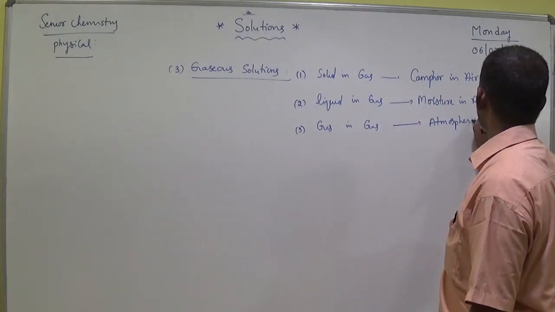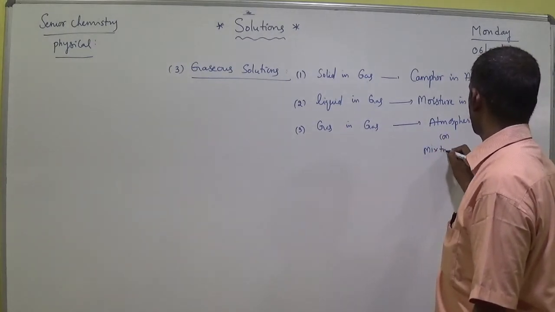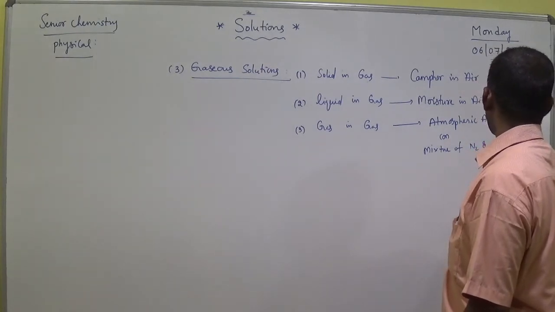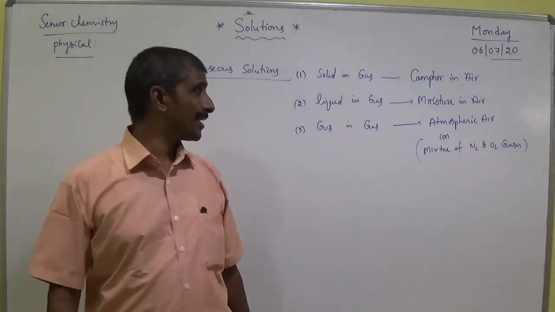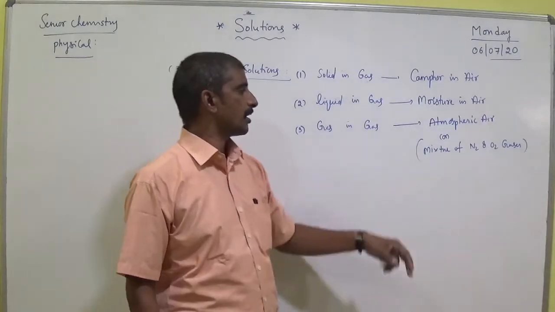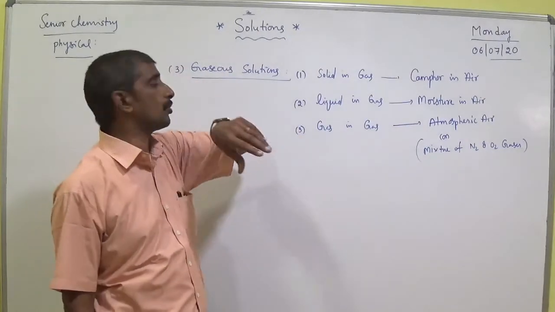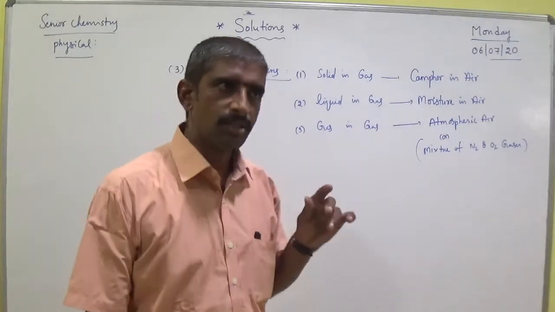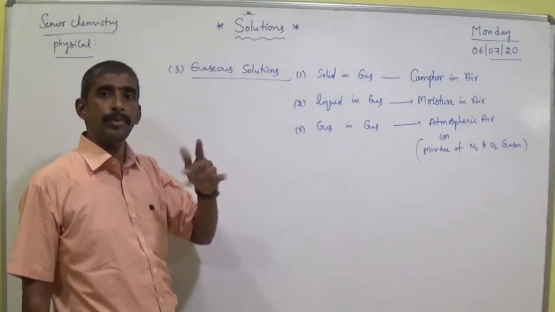Atmospheric air is a mixture of N2 and O2 gases. So gas in gas, best example. A mixture of atmospheric gases, which type of solution? Gas in gas solution.